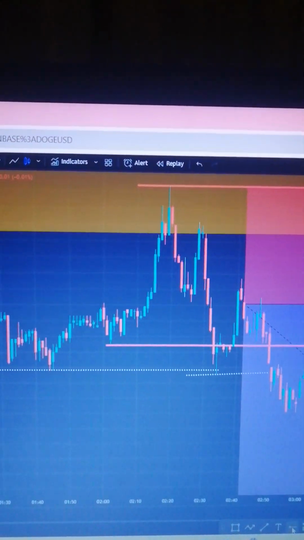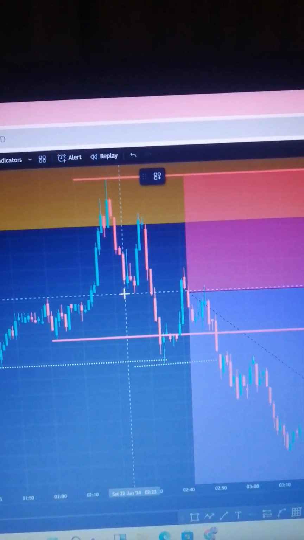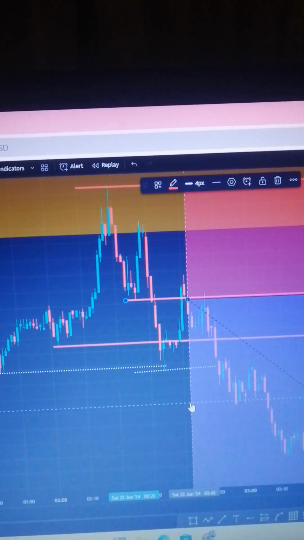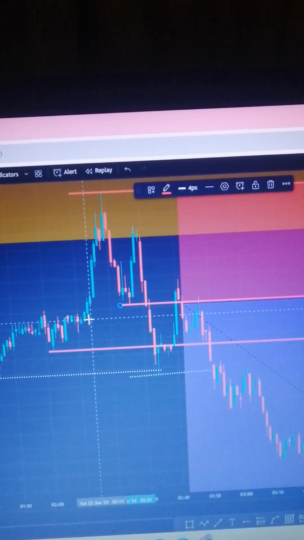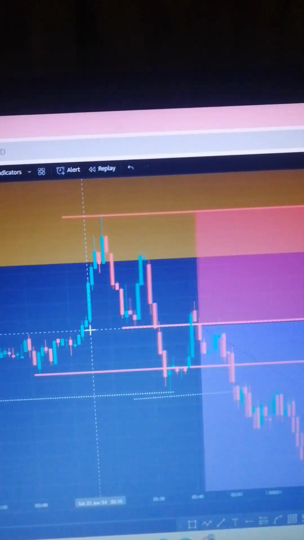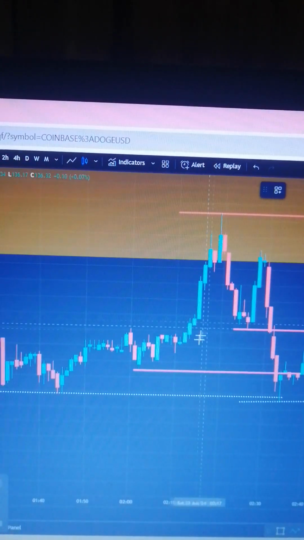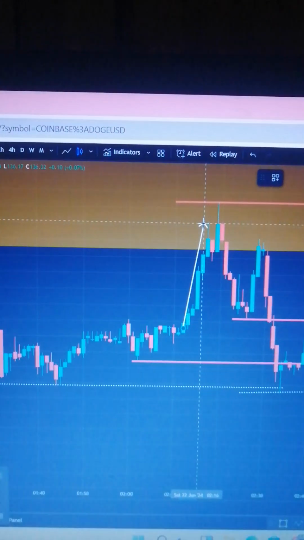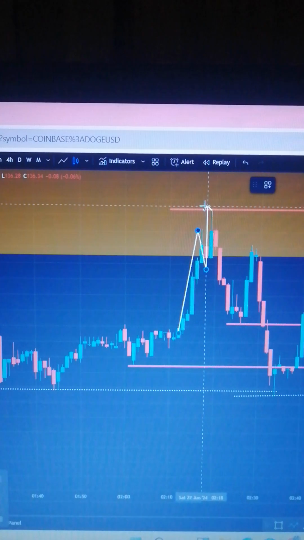Someone can also take this as change of character because the market failed to make another significant higher high. But also, some people can call this one here a change of character. Depends.